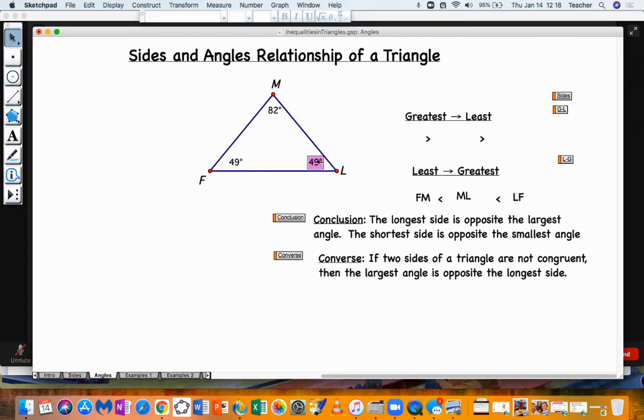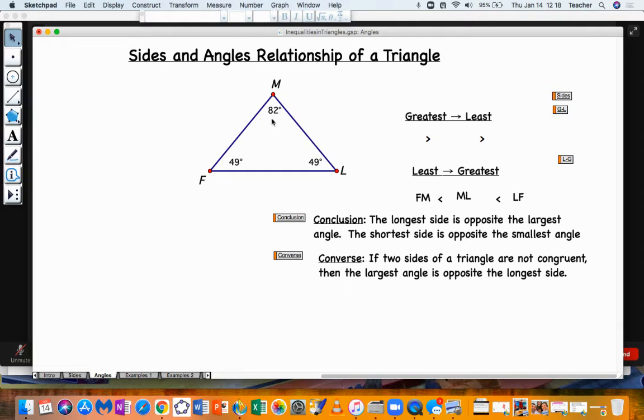So if we have this, where both angles are 49, not two of the three angles are 49, that means this side, opposite this 49, is going to be the same as the other side opposite that 49. Then these two sides have to be the same. So this statement is a little different. But this converse is saying that is not true if two sides of a triangle are not congruent.